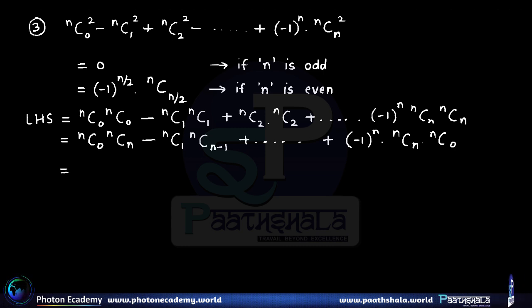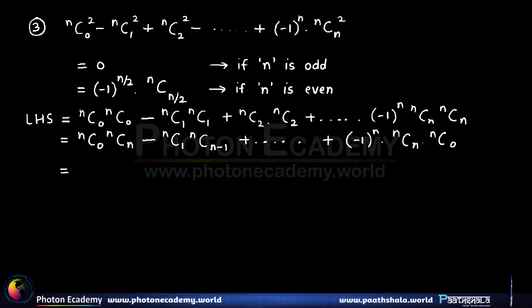Now here we can see that both of the series have n as the index, but since the alternate terms are positive and negative, one of the series can be considered as having all positive terms, whereas the second series has alternately positive and negative terms.